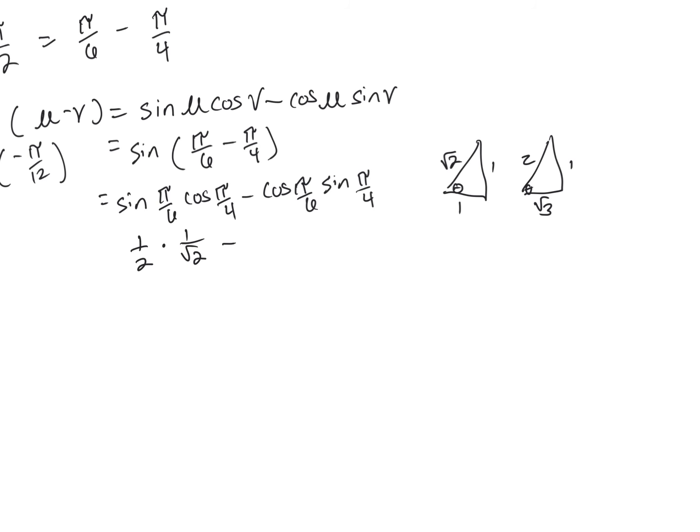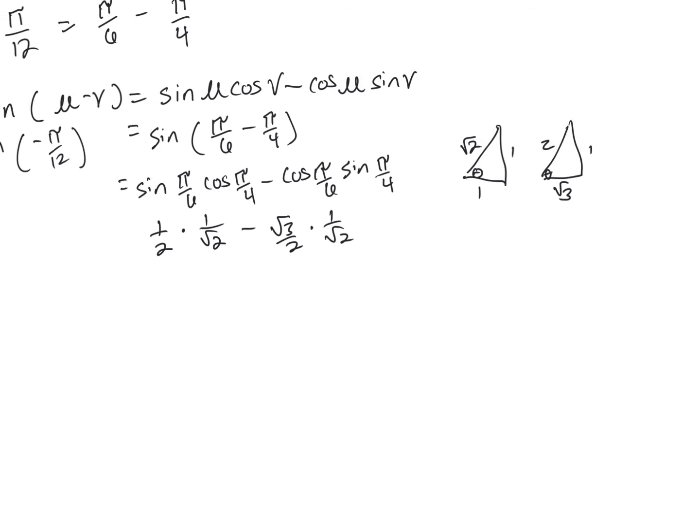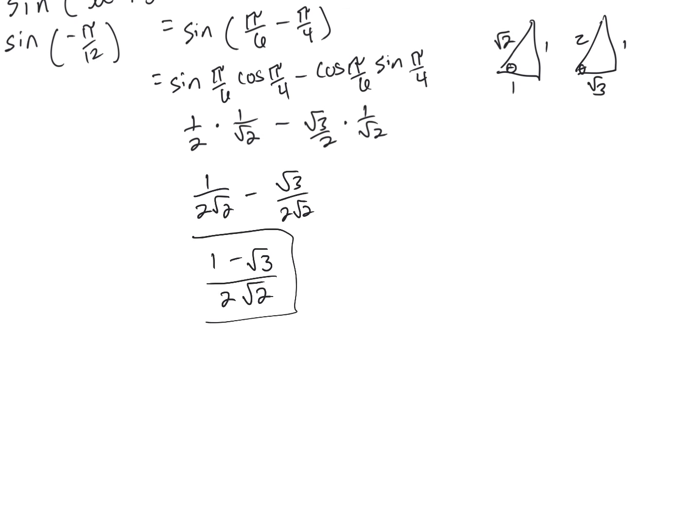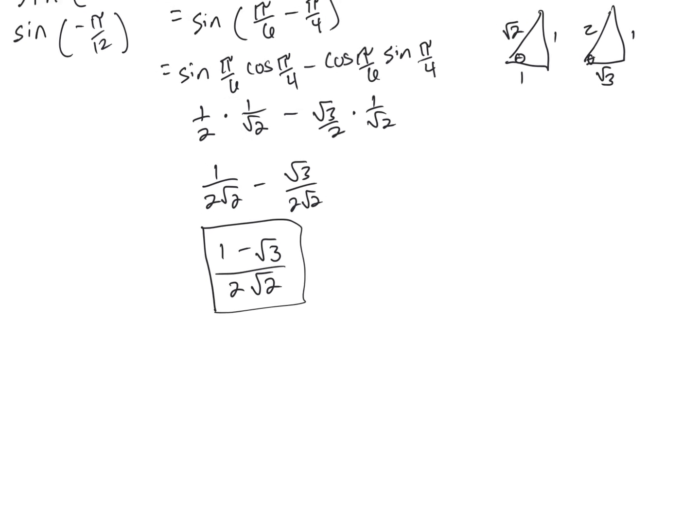Cosine of pi over 6 is root 3 over 2. And sine of pi over 4 is 1 over root 2. Combine, multiply through. So this is 1 over 2 root 2 minus root 3 over 2 root 2. They have the same denominator, so this is actually 1 minus root 3 over 2 root 2. And just like that, that is my sine.